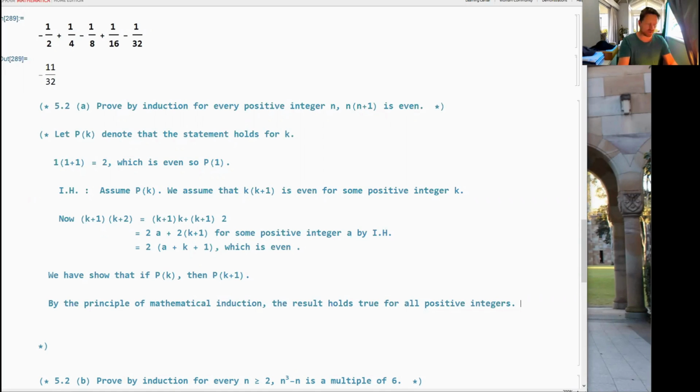Okay, but you can always abbreviate principle of mathematical induction by PMI, okay, because we understand what you mean when you say that in this course.